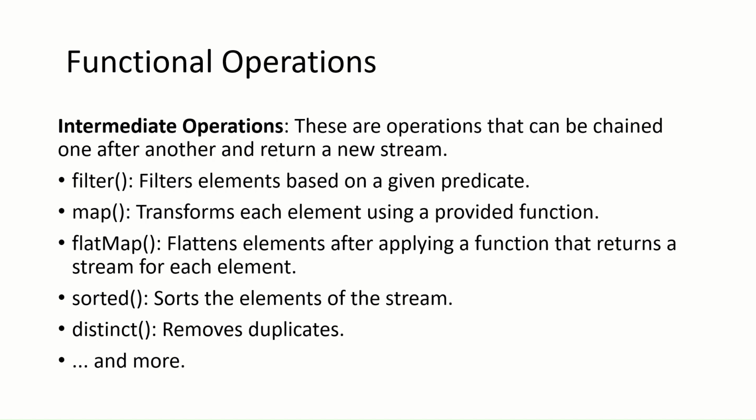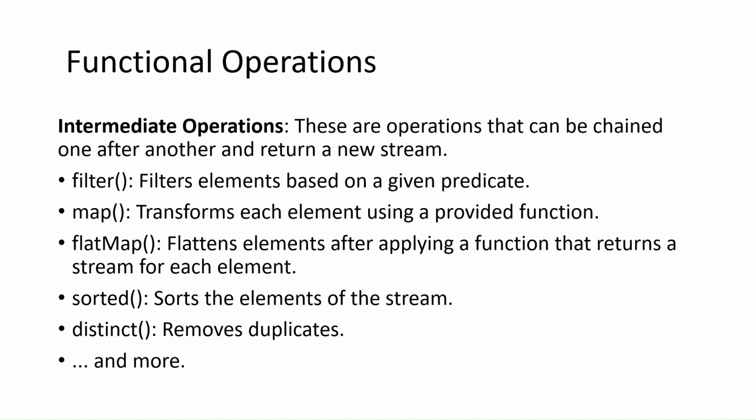Now you want to work on that stream and produce a stream itself, not a list or something else. So those operations that work on the stream and then again produce a stream, make sure that the input and output of that function is a stream. So those are called intermediate operations.